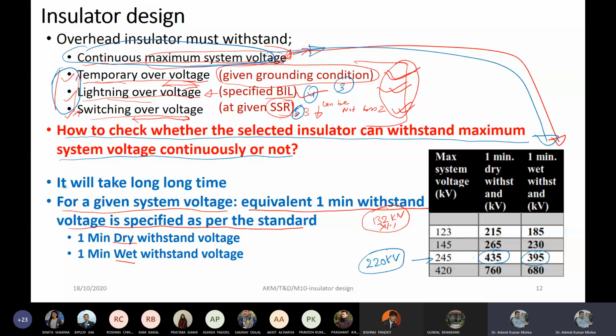Then what should be the withstand voltage for temporary overvoltage? What should be the withstand voltage for lightning overvoltage? And what should be the withstand voltage for switching overvoltage?